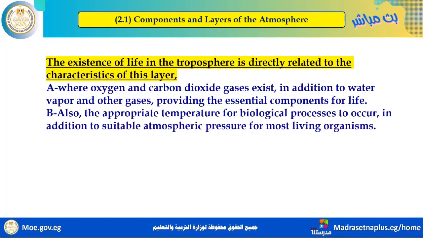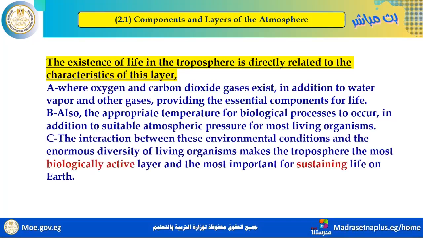Also, there is an appropriate temperature for biological processes, in addition to suitable atmospheric pressure for most living organisms. The interaction between these environmental conditions and the enormous diversity of living organisms makes the troposphere the most biologically active layer and the most important for sustaining life on Earth.